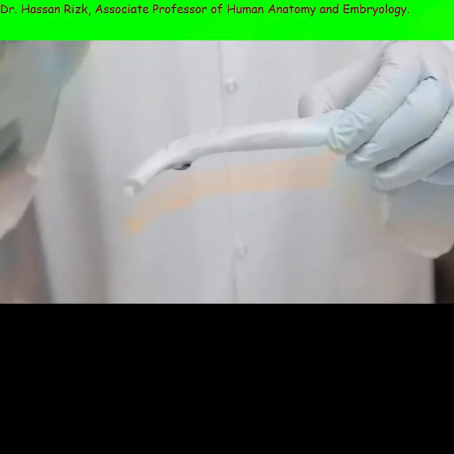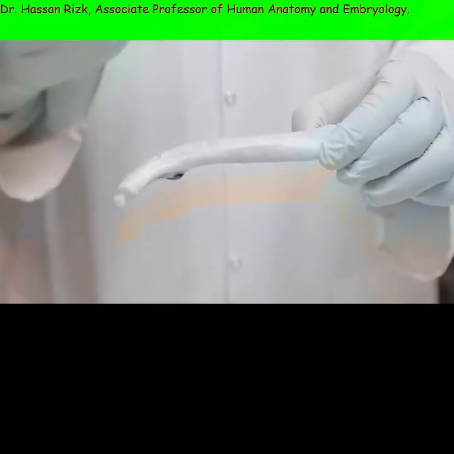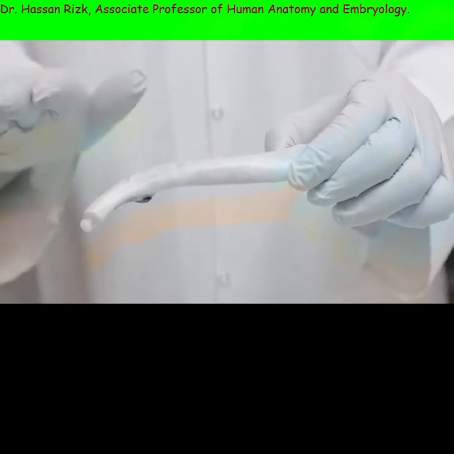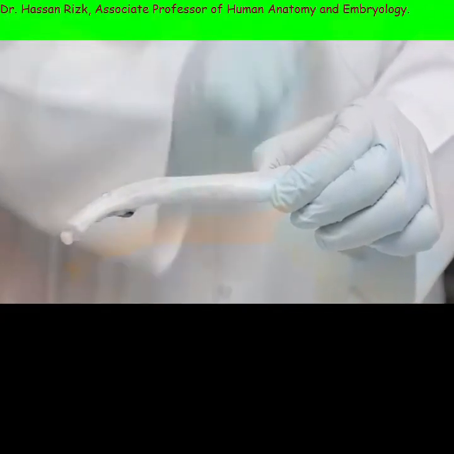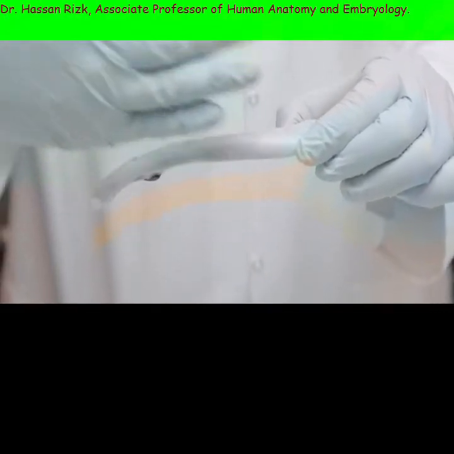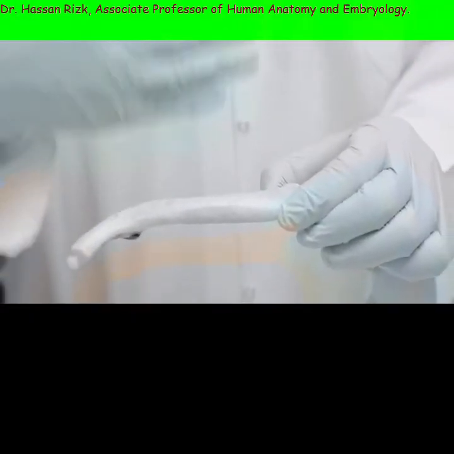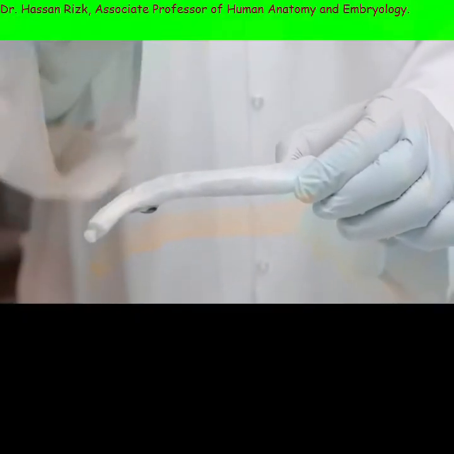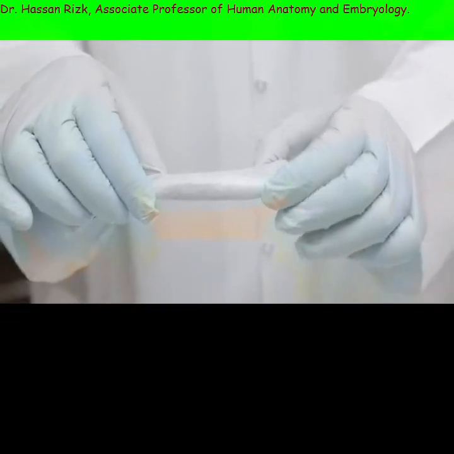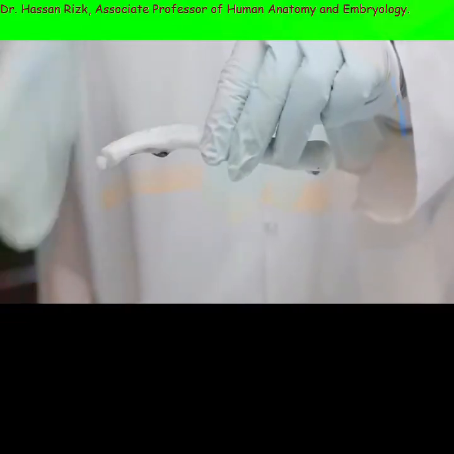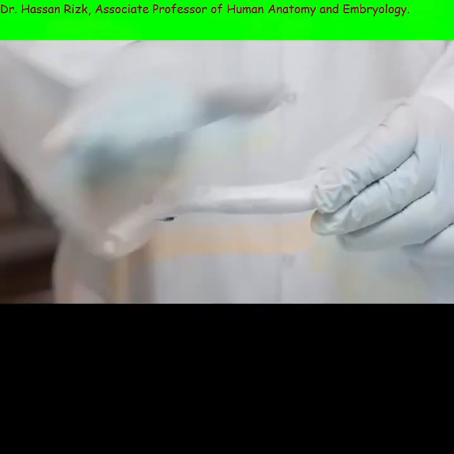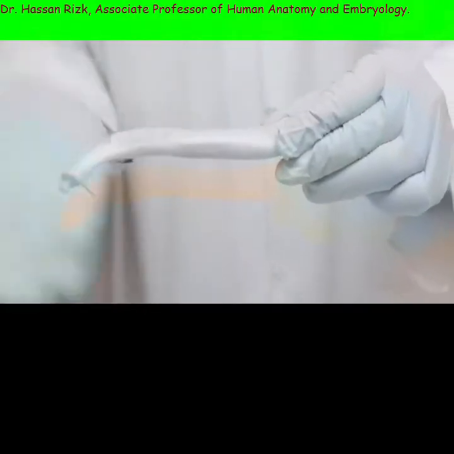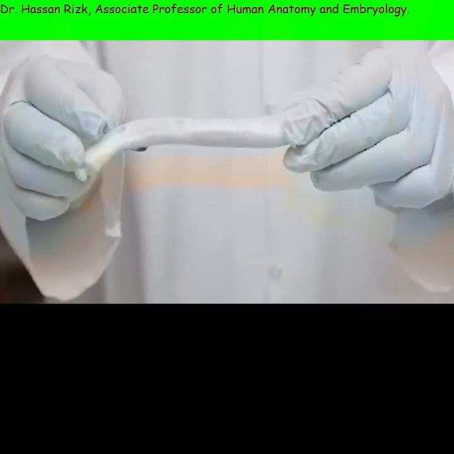We have certain fixed rules to describe the side in anatomy. First, where is the anterior from the posterior? This is the first question. The second question, where is the medial from the lateral? The third question, where is the superior and where is the inferior?